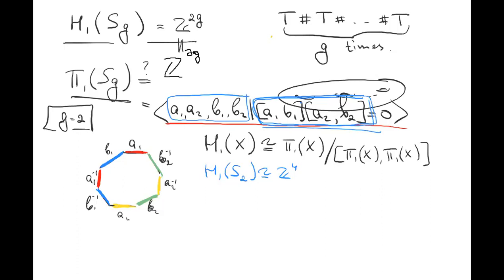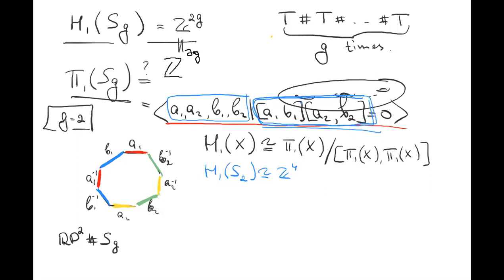Well, you have a little bit more tricky example in your home task. You have to compute the first homology of the connected sum of RP2 with Sg.